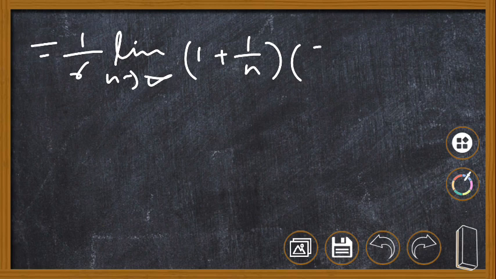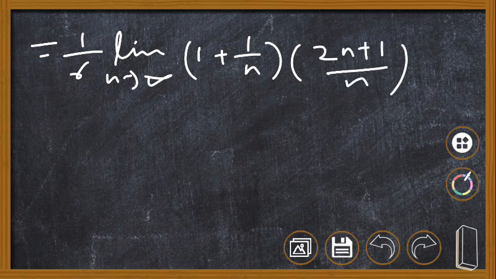Now for the next step I will be writing it as 1 by 6 limit n tends to infinity. This was (n plus 1) divided by n, so I will redistribute it. This is 1 plus 1 by n, multiplied by (2n plus 1) divided by n.